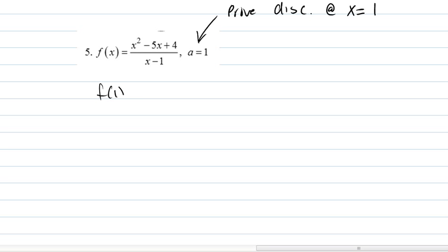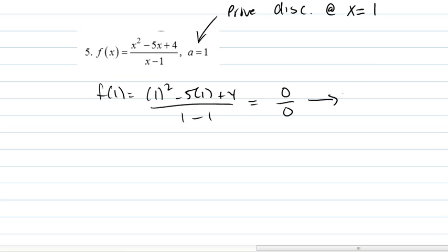So f of 1, if I plug in 1 right now, I get 1 squared minus 5 times 1 plus 4 all over 1 minus 1, which is 0 over 0. And if you remember from class, 0 over 0 implies removable discontinuity.